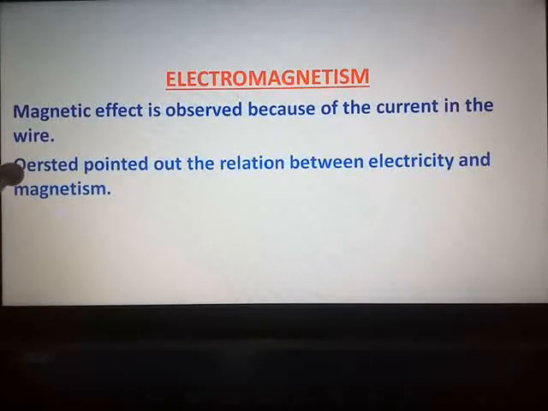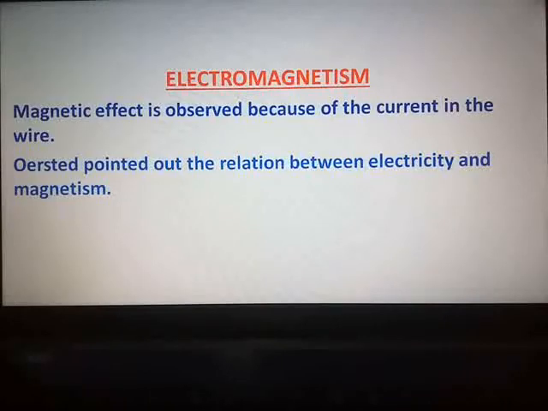With this, Ørsted pointed out the relation between electricity and magnetism, and his research in this field proved to be extremely important in physics. So which are the devices which work on this concept of electromagnetism?